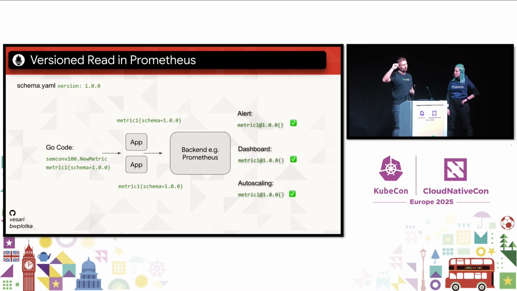Now, with the schema information available for consumers, users, when they are making queries for important dashboards, alerts and tools, can pin a metric used in these queries to a certain schema and version.